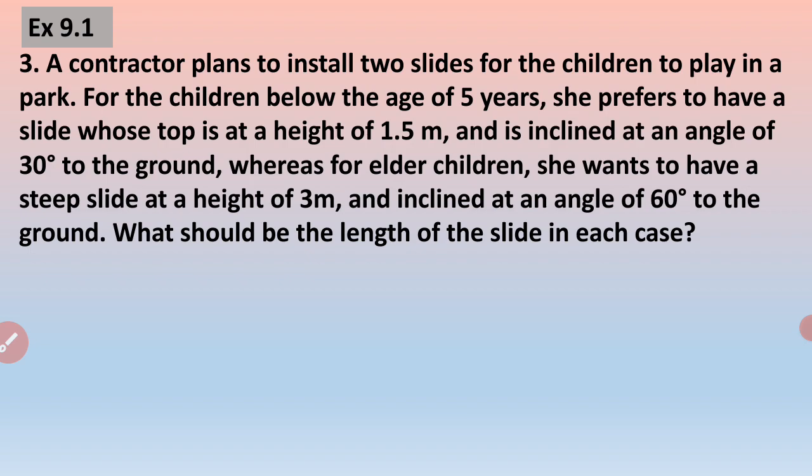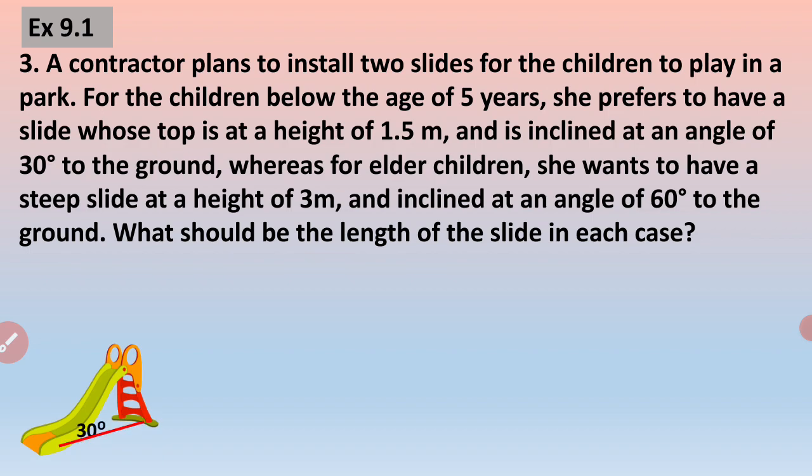Now question number 3 is, a contractor plans to install 2 slides for the children to play in a park. For the children below the age of 5 years, she prefers to have a slide whose top is at a height of 1.5 meter and is inclined at an angle of 30 degree to the ground.